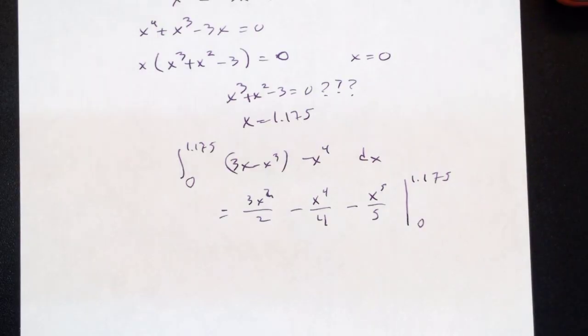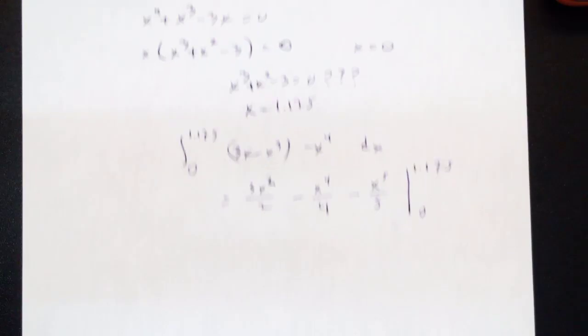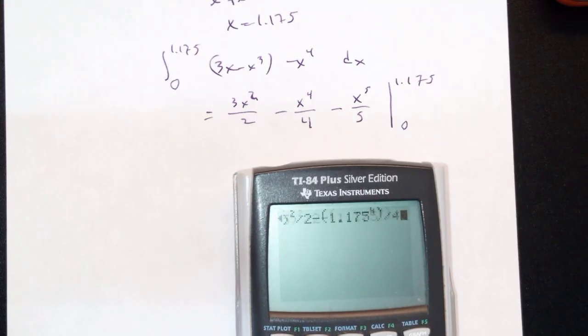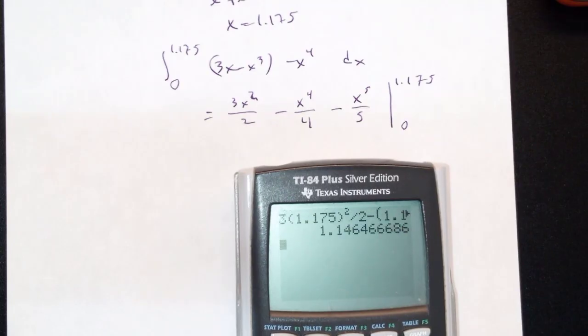But now everything else just goes right back into the calculator. To 3 decimal places, the answer is 1.146.